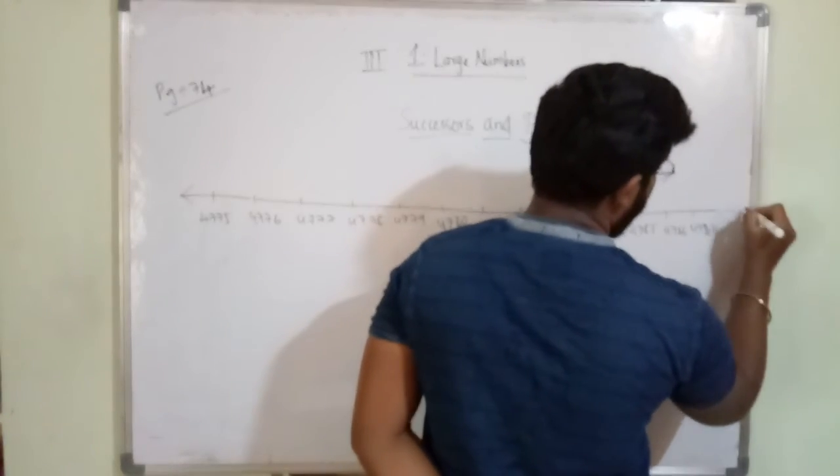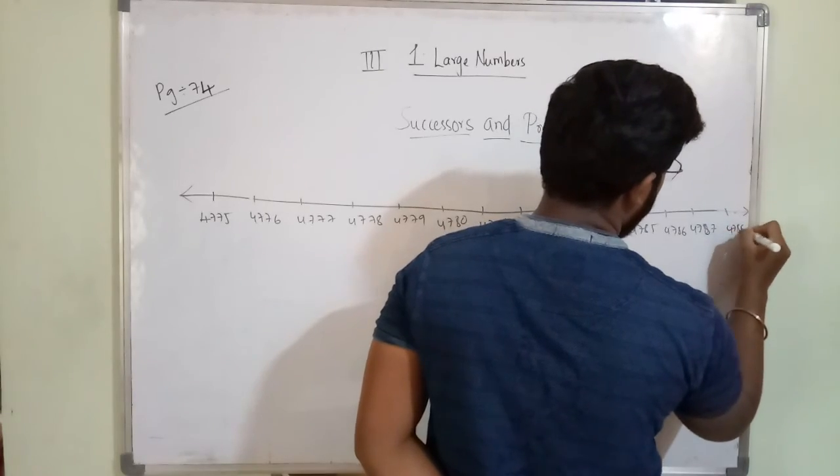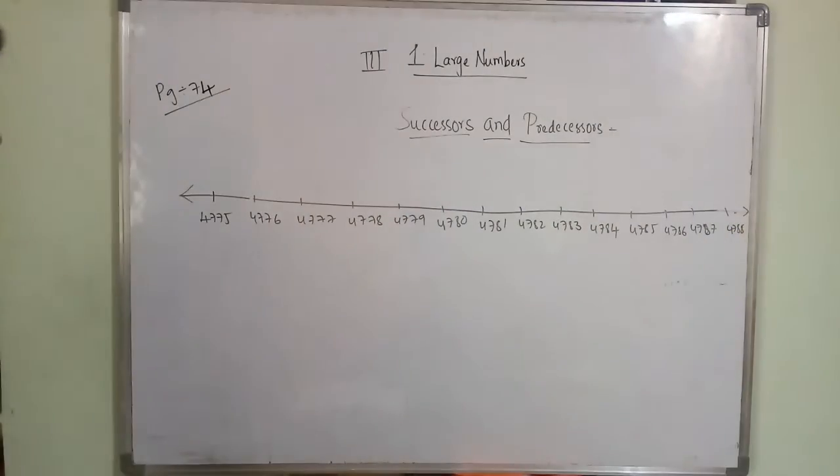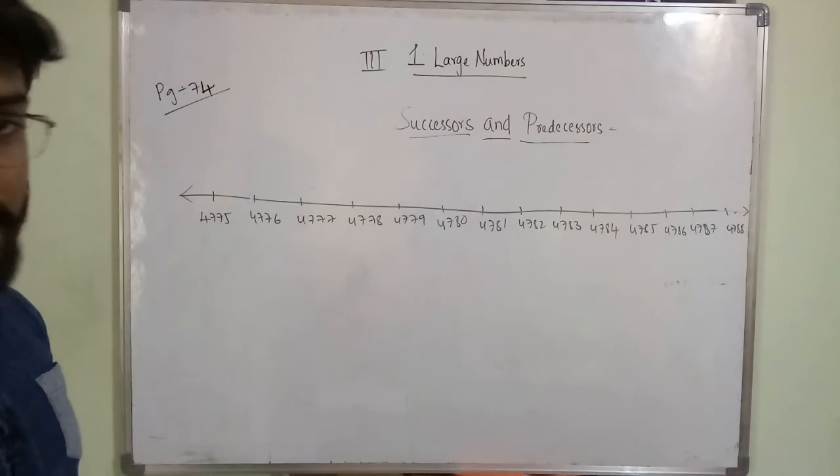So till we are having 4788, no? So we have completed the discussion about successors.